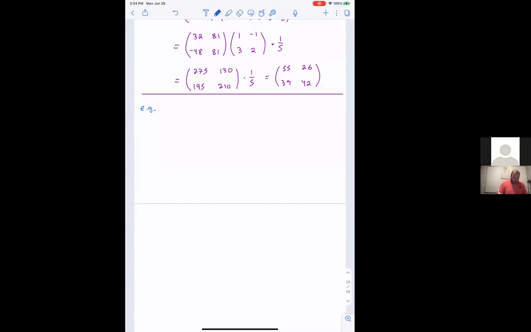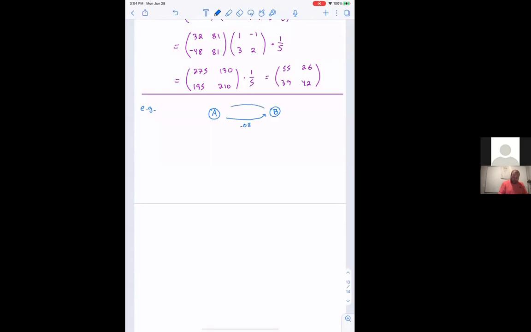So in this example, we have two neighborhoods, neighborhood A and neighborhood B. It says people are moving from one to the other, and each year, 8% of people currently in A move to B. So the probability of moving from A to B is 8%, 0.08.